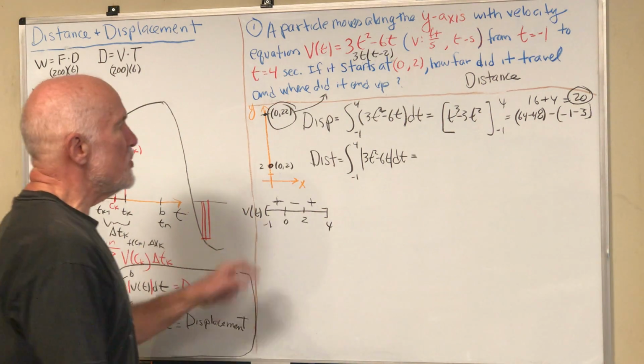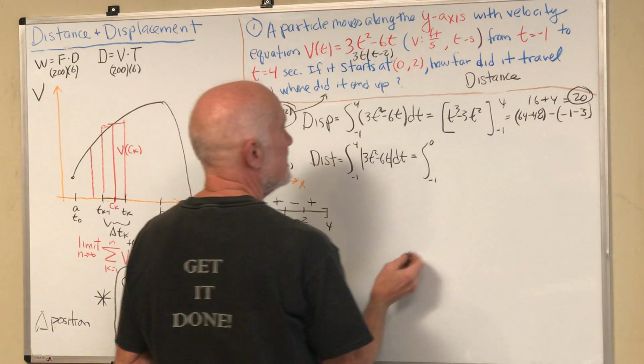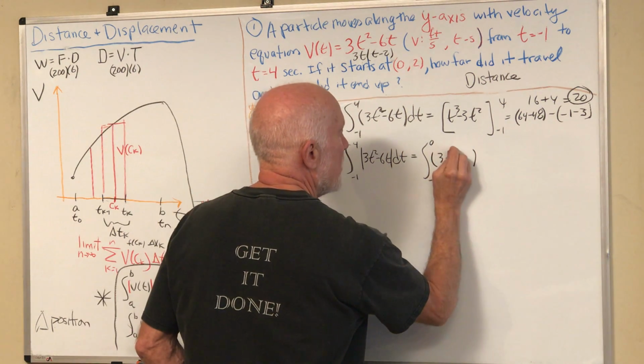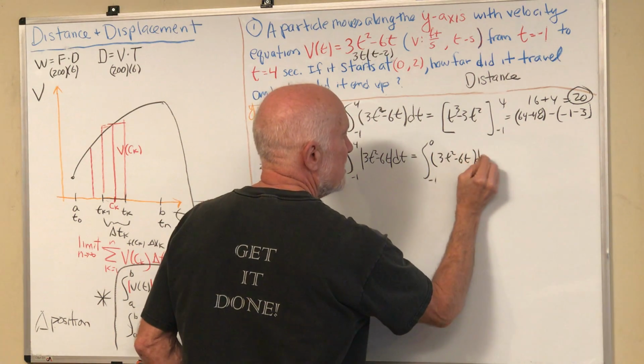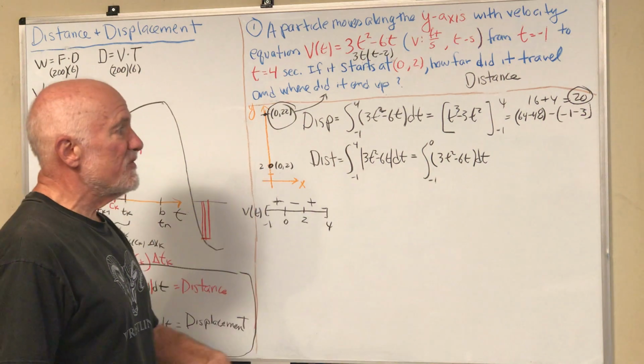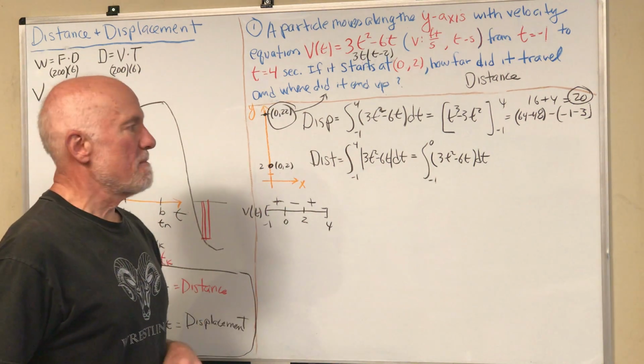So what I have to do is take the integral from -1 to 0 of 3t squared minus 6t, and realizing that the velocity is positive, that's going to be the actual distance.